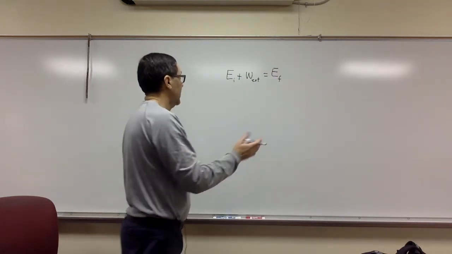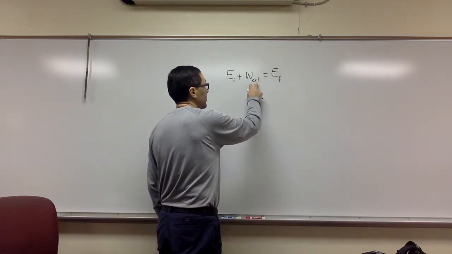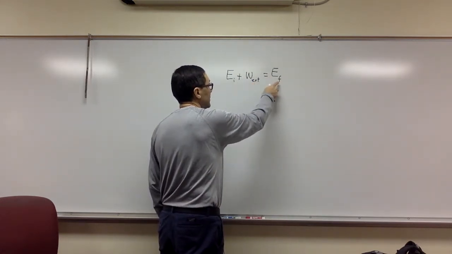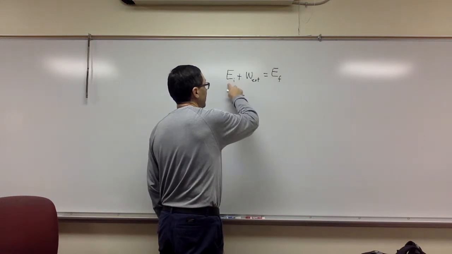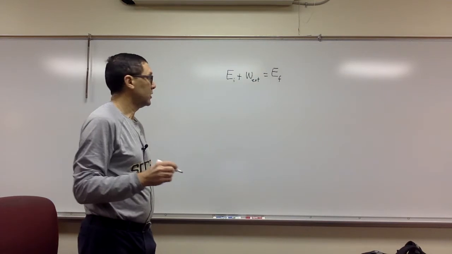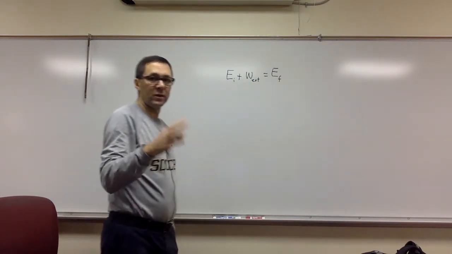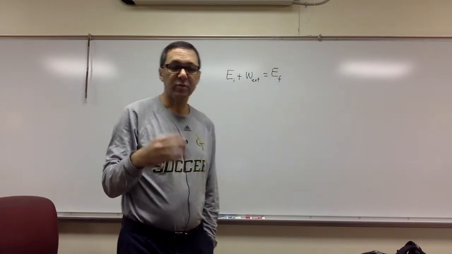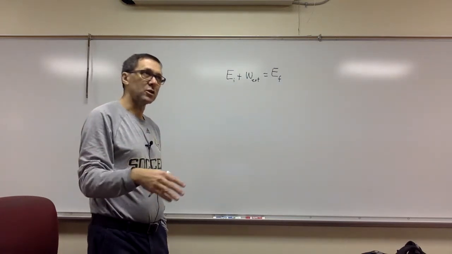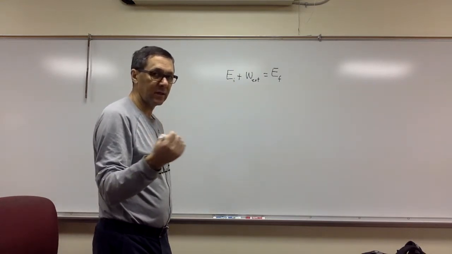And so a lot of times it's written as the work done by external forces is the change in energy. In other words, if I move the EI to the other side, it will become EF minus EI, which is basically the change in energy. And here when we talk about energy, we talk about all the forms of energy: the elastic potential, the gravitational potential, and your kinetic.